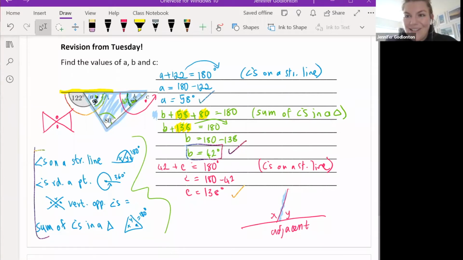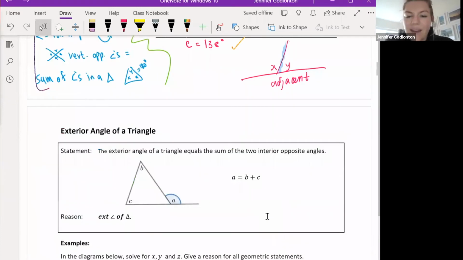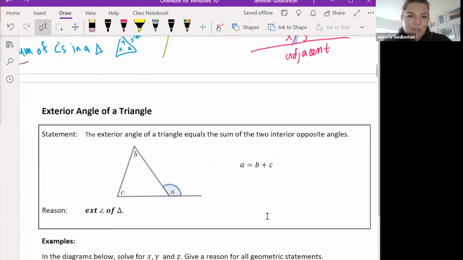Today, we are going to learn our next new rule. Very exciting. And actually, we could have used the rule that we're going to learn today in this question over here, which is quite cool. Snipping tool. Yes, that was the word I was looking for. Thank you. Okay. So today's new rule is called the exterior angle of a triangle.